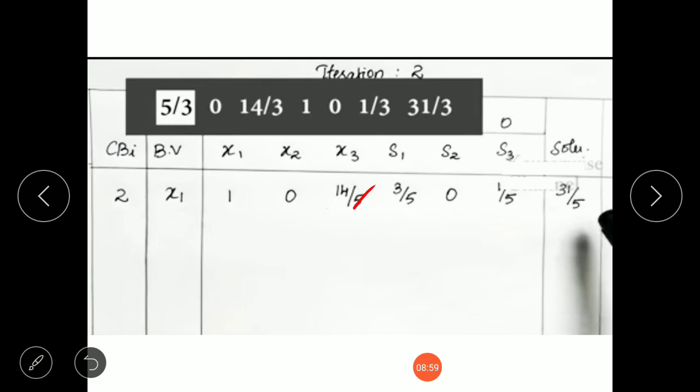Old value is 14/3, so 14/3 divided by the key element 5/3 gives 14/5. In this way, we will calculate all the elements of the x1 row. So here I've got 1, 0, 14/5, 3/5, 0, 1/5.